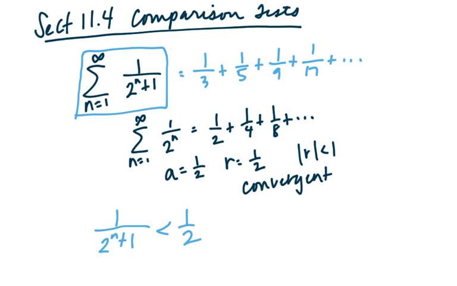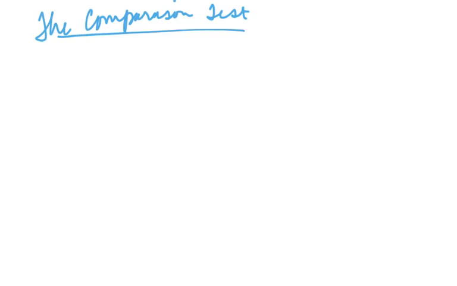Similar reasoning can be used to prove the comparison test, but here's your comparison test. Suppose that the sums of an and bn are series with positive terms.